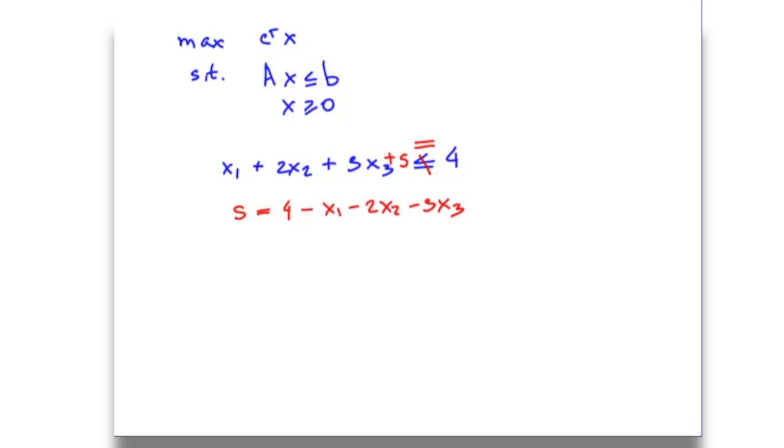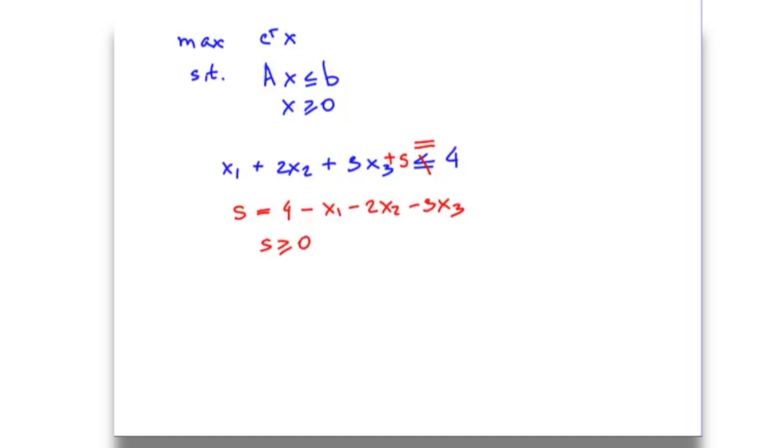If you think about this constraint as a resource constraint, for example, then the right-hand side represents the amount of resource available, and this slack variable gives you the amount of the resource that you are not using. Okay, so this is the difference between the available resource and the used resource given by this expression here. For any feasible solution, of course, this difference must be non-negative, right? So we have S is greater than or equal to 0.